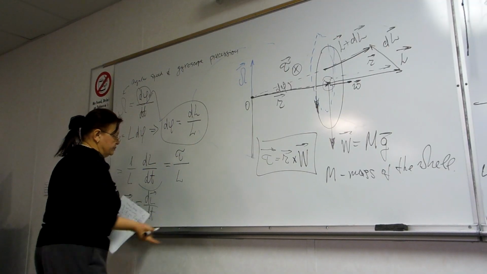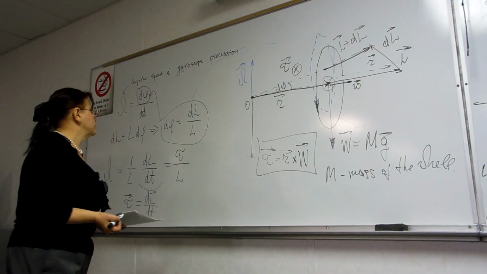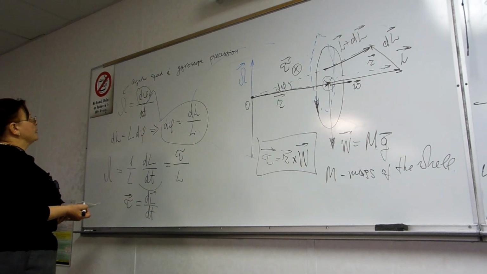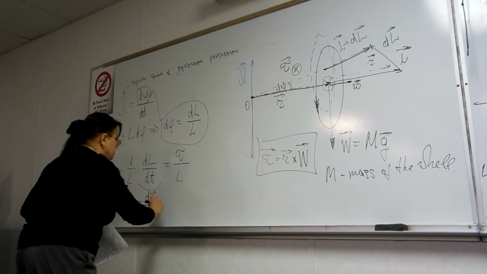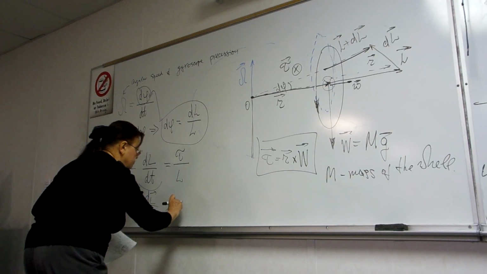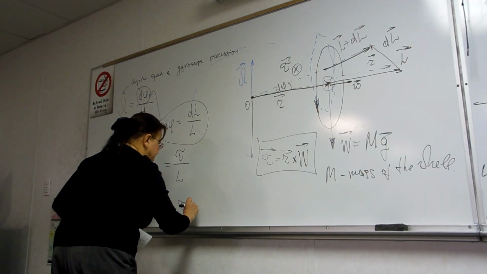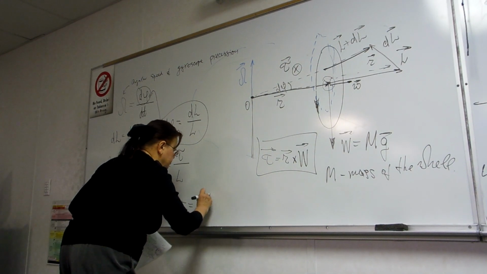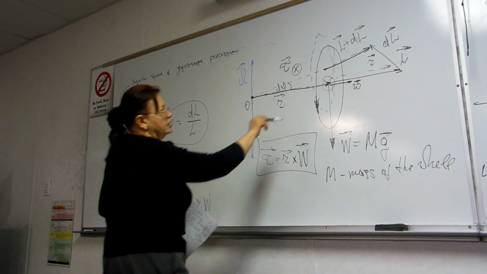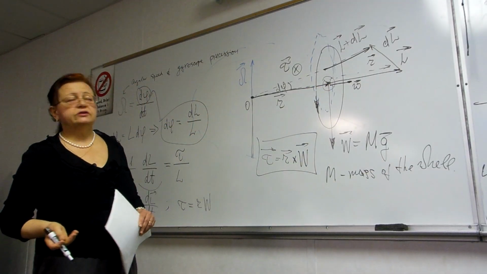Now, two more steps needed to find final formula for angular speed of that precession, particularly definition of tau, what it is. So tau, it would be R by W. Then you see R and W, they make 90 degrees.